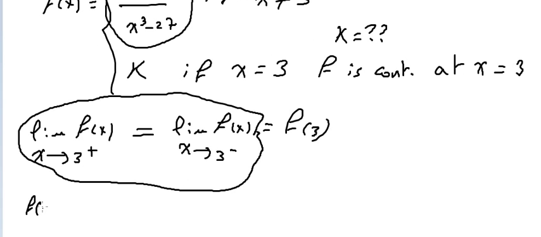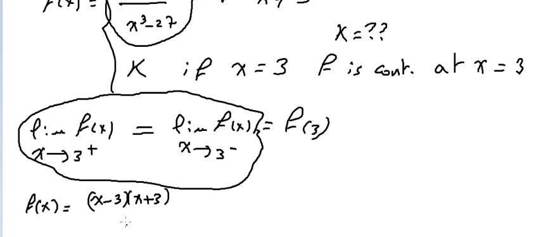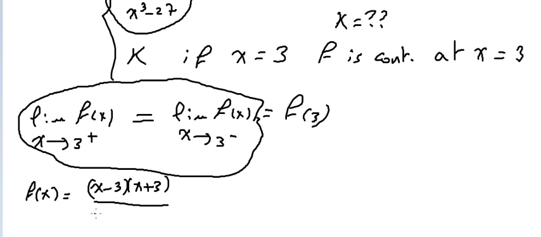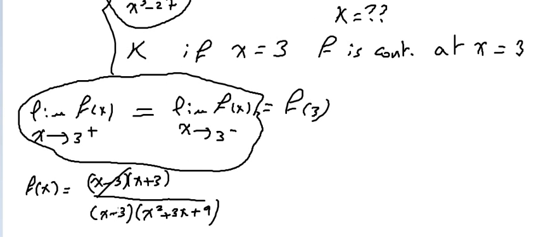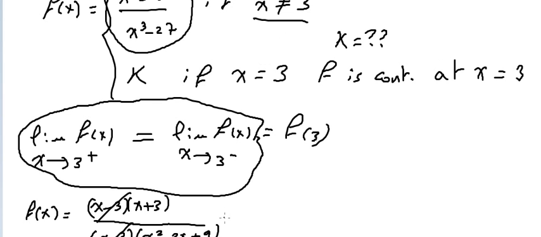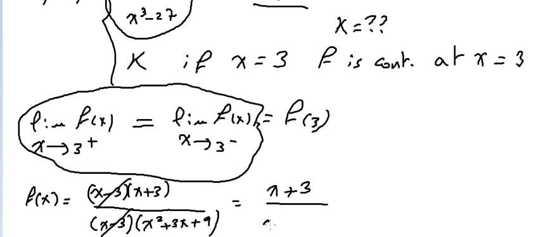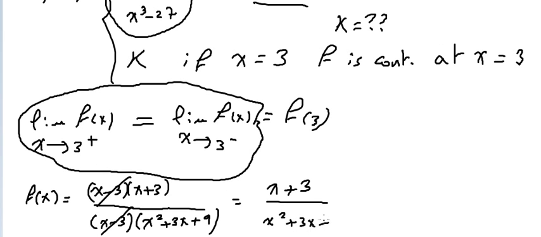F of x is equal to x squared minus 9, which is x minus 3 times x plus 3, and x cubed minus 27 is x minus 3 times, those are identities, right? x squared plus 3x plus 9. Simplifying this, x minus 3 cancels, where x is not equal to 3 for sure. So f of x in its simplified form is x plus 3 over x squared plus 3x plus 9. That's nice.